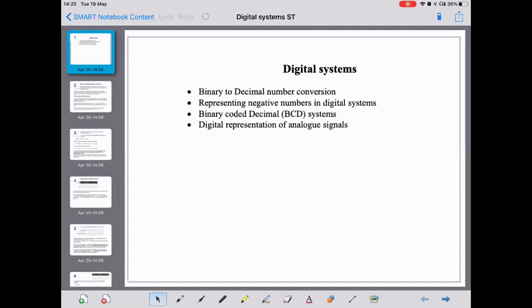How we would represent negative numbers in digital systems. We're going to have a look at another system called binary coded decimal, which is used so that we can display numbers on, for example, a 7-segment display. And then finally the digital representation of analog signals.